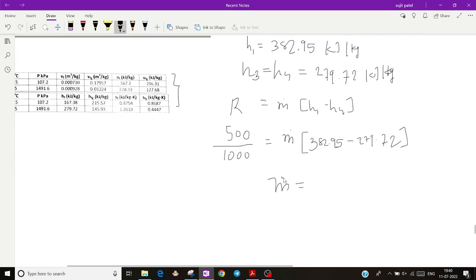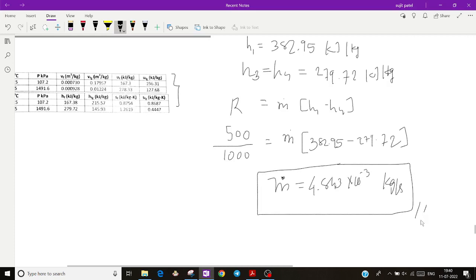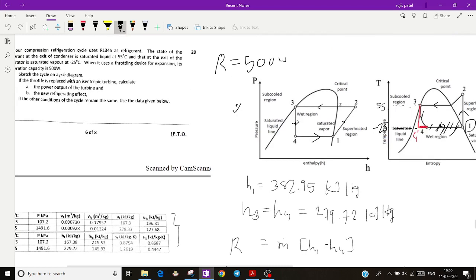So when you solve this, you will get the mass flow rate m dot as 4.843 into 10 to the power minus 3 kg per second. So this is the mass flow rate. Now what we have to do is find out the turbine expander work, that means H3 minus H4 dash.